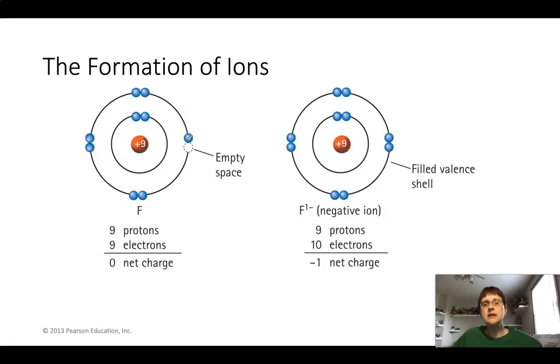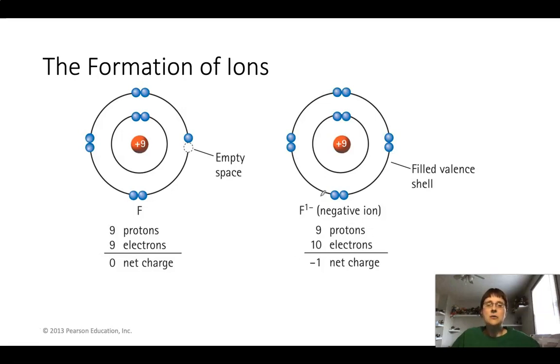And so that's what it does. It's going to gain an electron, probably from something like sodium or calcium, one of those guys that's getting rid of them. So it's going to gain that electron. It now has that filled outer valence level.